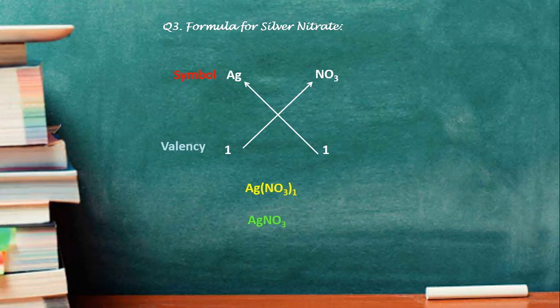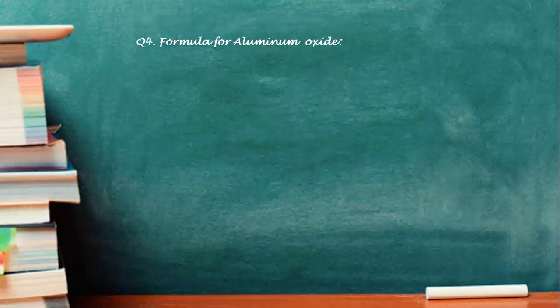So I will give you all some time to do the formula for aluminium oxide. So the first step students, aluminium का symbol is Al and oxide का symbol is O. So go back to the valency chart and try doing the formula. So yes, correct. The valency of aluminium, first writing the valency of aluminium, that is 3.